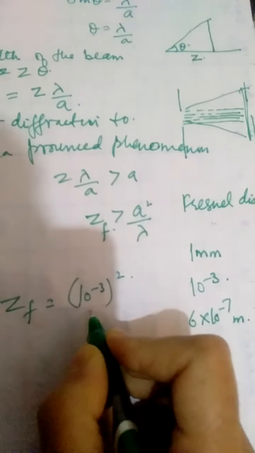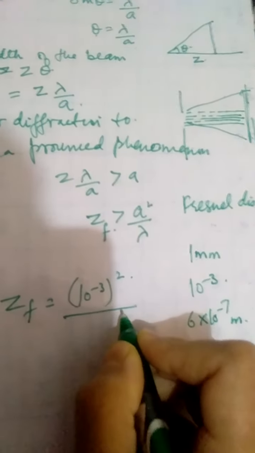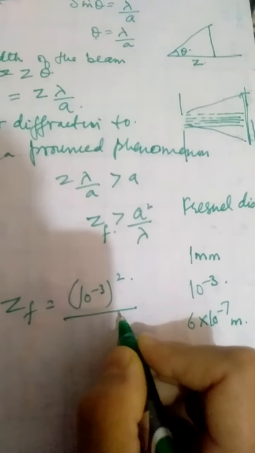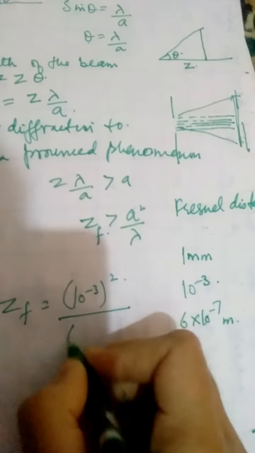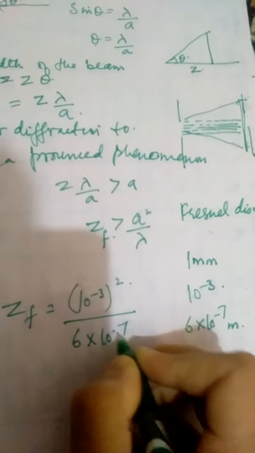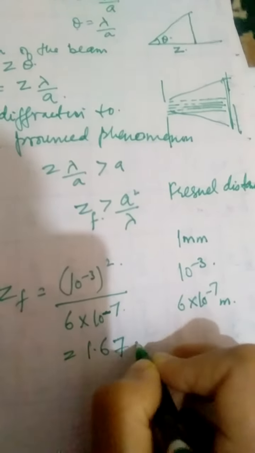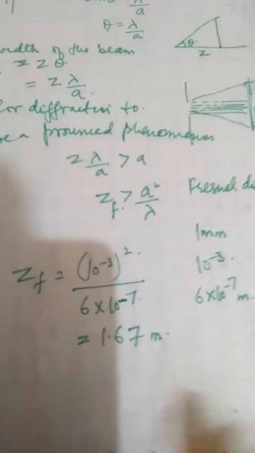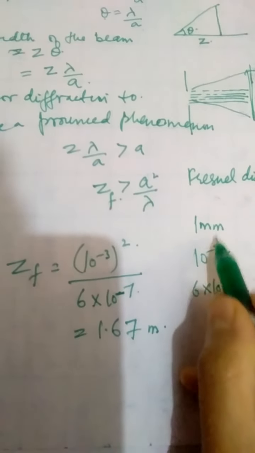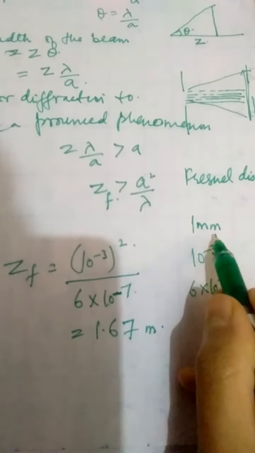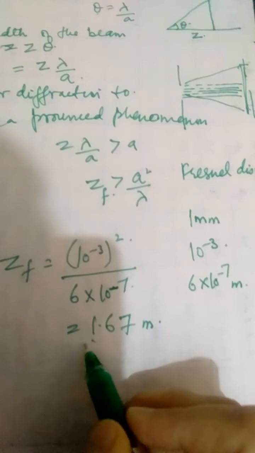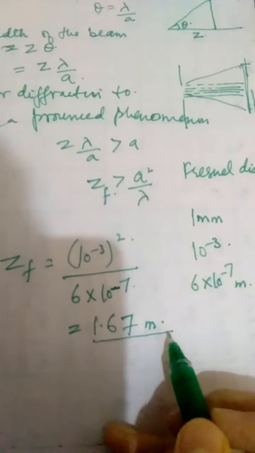This is a very rough calculation to find when the phenomenon of diffraction becomes pronounced for us. So 6 into 10 raised to the power minus 7, and if you calculate that, it comes out to be 1.67 meter. That means for just a 1 millimeter increase in the width of the beam, the light ray has to travel 1.67 meter.